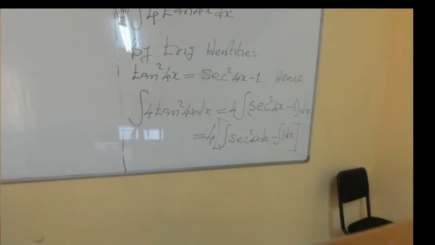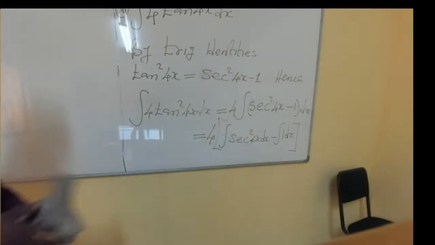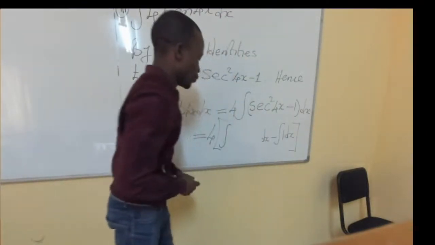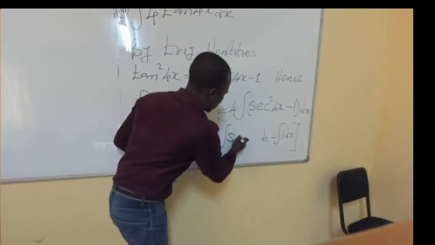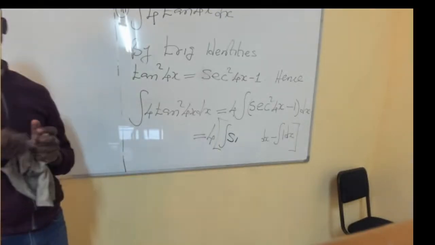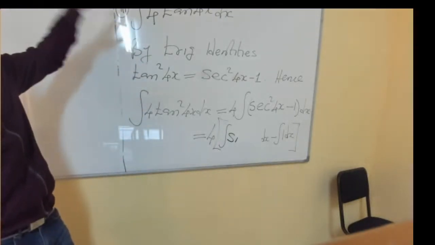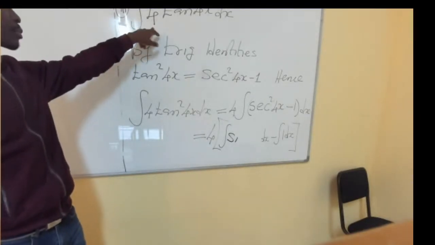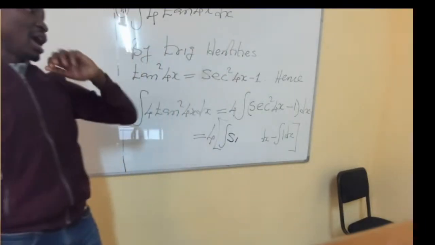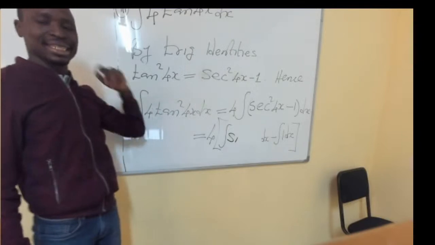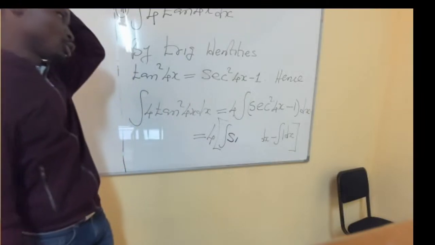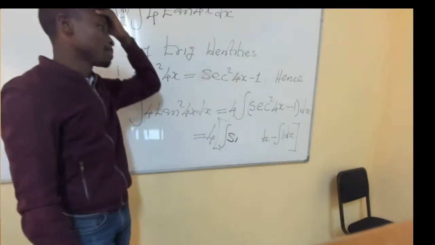Okay, so let me continue with the solution. Here we have the integral. After we're integrating the third example, which is the integral of 4 times tan squared of 4x dx, if we use the trigonometric identities, tan squared of 4x is equal to sec squared of 4x minus 1.